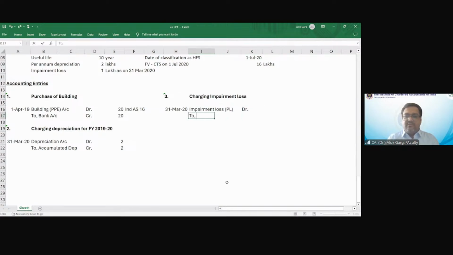What is the value? 1 lakh rupees. 1 lakh. To building PP. Credit 1 lakh. Okay.